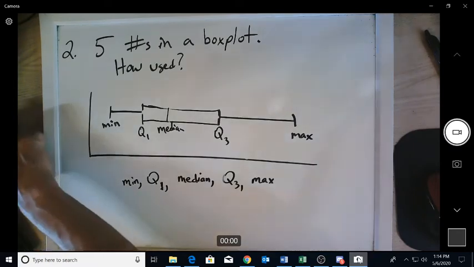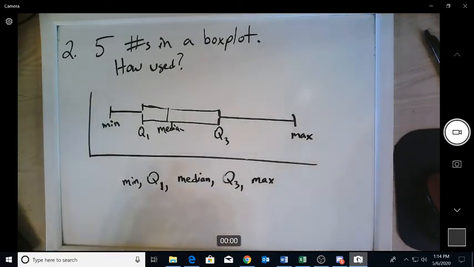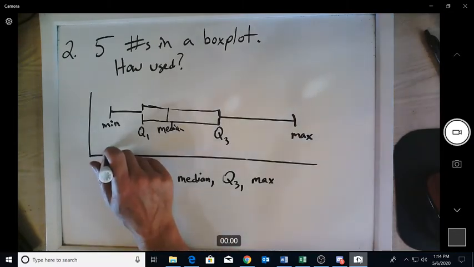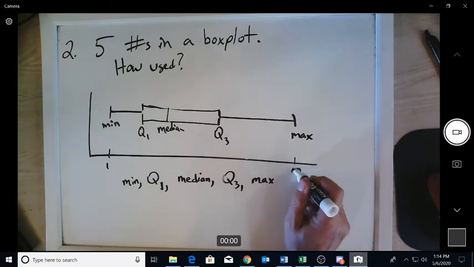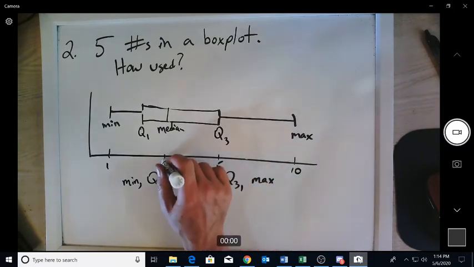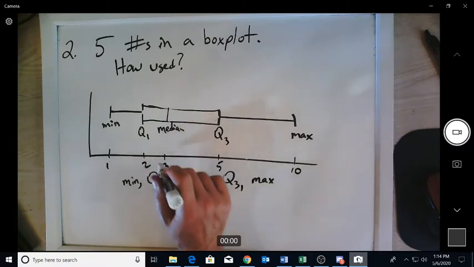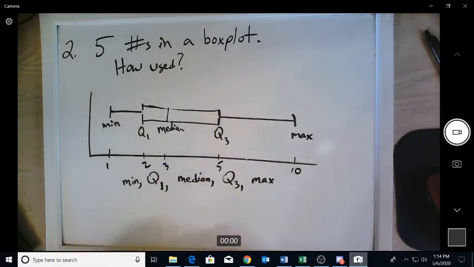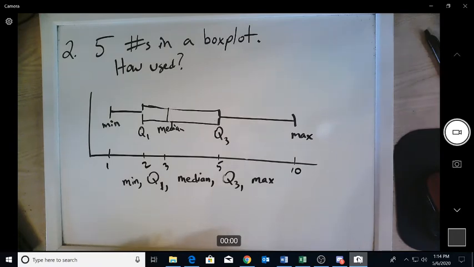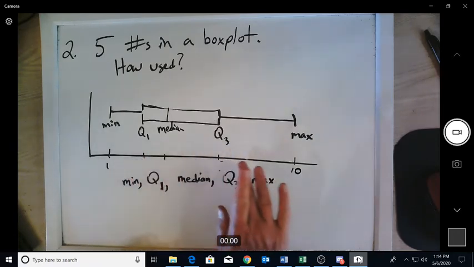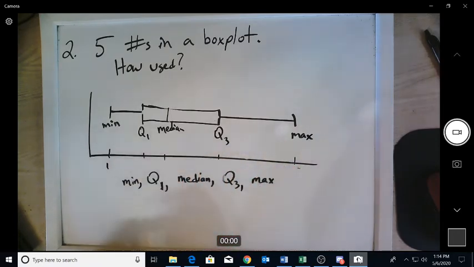All right. And another key item in a box plot is you can't put numbers like this. If this was 1, and this was 10, and this was 5, and this was 3, and this was 2, you're not having a uniform scale. It's ruining the whole purpose of the box plot. You got to have a scale that's independent of the values there.